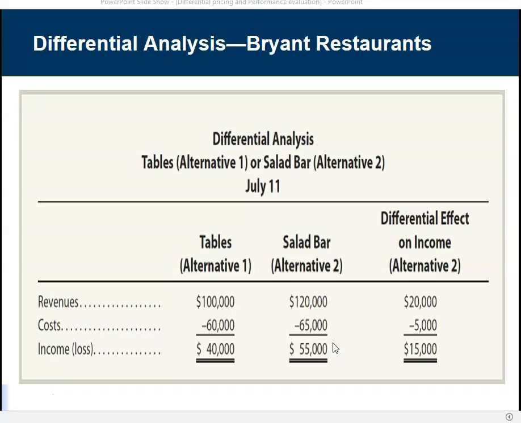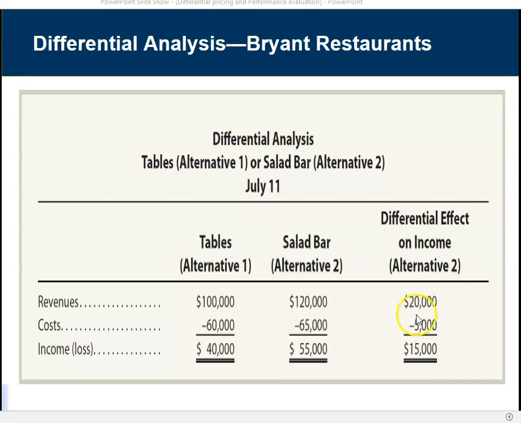So here's our breakdown. And let's see if they list all of these things. They do not. But we know what they are. This differential effect on income is a plus $20,000 for differential revenue.